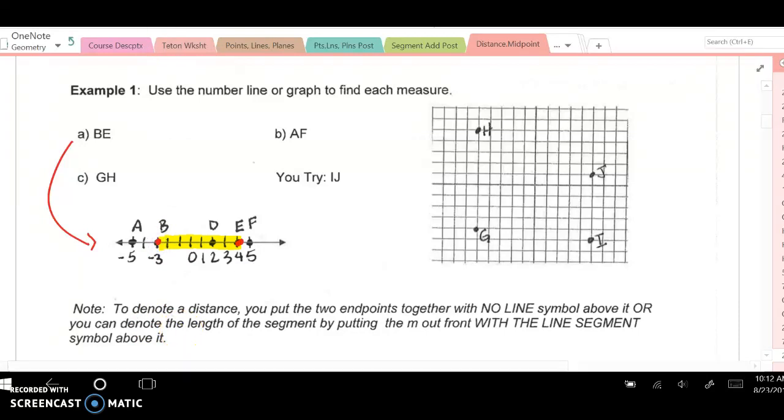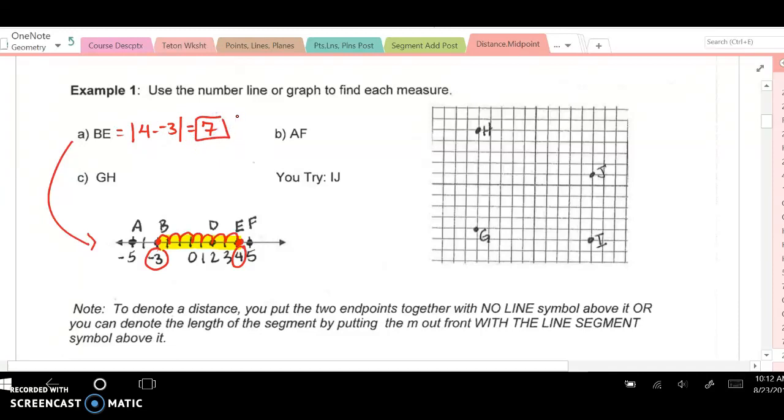Some of you might just count: 1, 2, 3, 4, 5, 6, 7. And the answer is indeed 7. A faster technique would be to say the endpoint here is 4, the endpoint here is -3, so 4 minus -3 is 7. Either way, it gets you there.